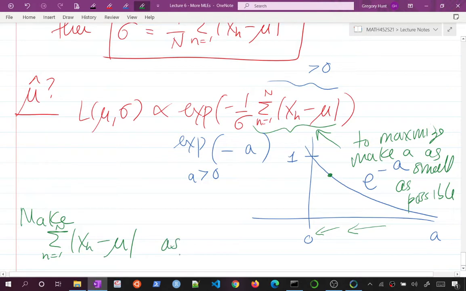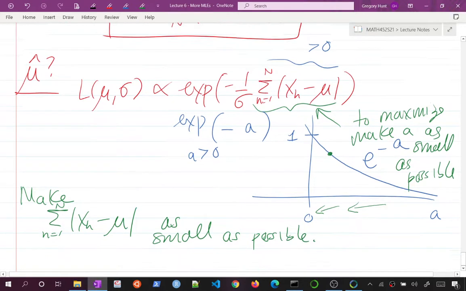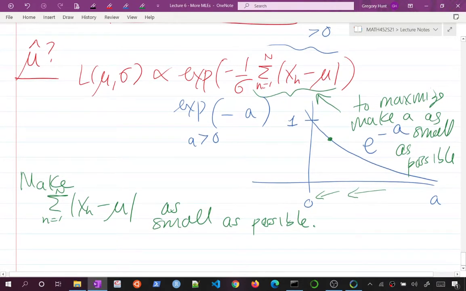So we're going to choose mu to make this thing as small as possible. What value of mu makes this sum of the absolute values as small as possible?